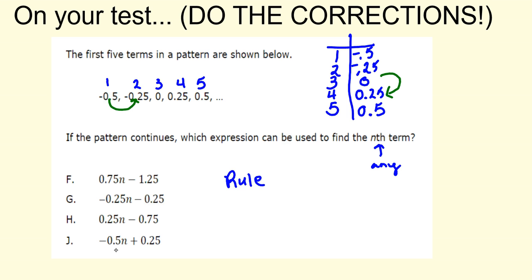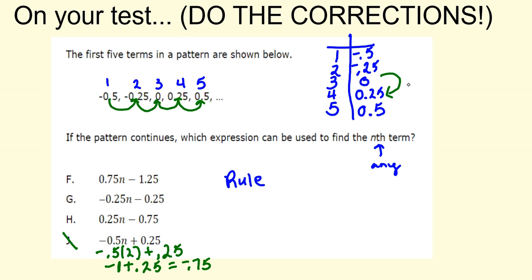I'm not going to do negative 0.5 times 2 plus 0.25 to get to my second term. That would be negative 1 plus 0.25, which would be negative 0.75. Well, that doesn't get me to my second term. So that doesn't work. And that's not the thing I'm adding each time. So it's not going to be the thing I multiply by, because it's not my rate of change.